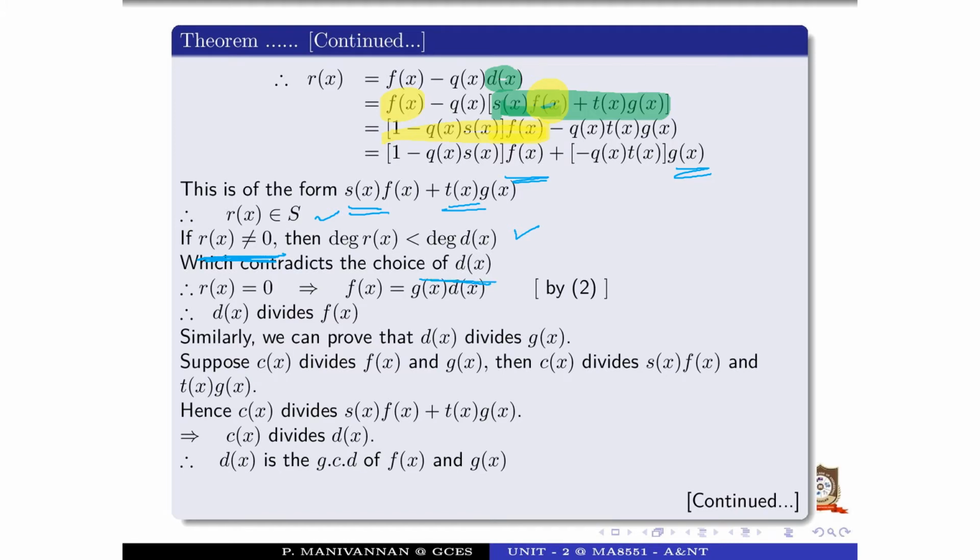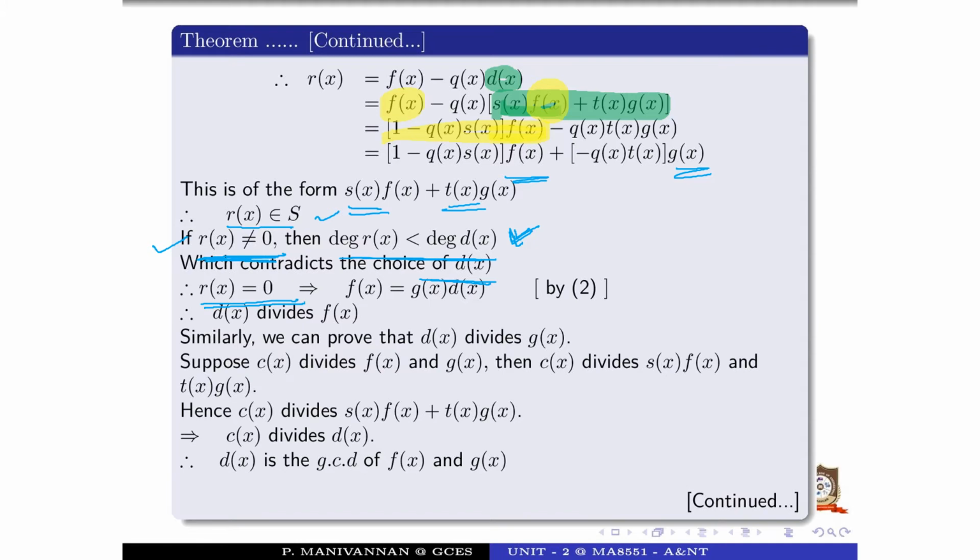What is the condition of d of x? D of x is the least degree polynomial in S. Here r of x is the least degree. Therefore, r of x not equal to 0 is a contradiction. Therefore, r of x equal to 0.